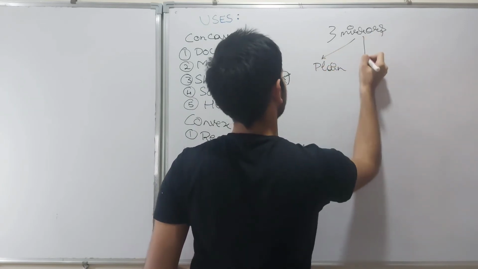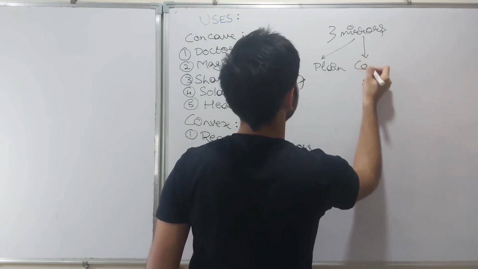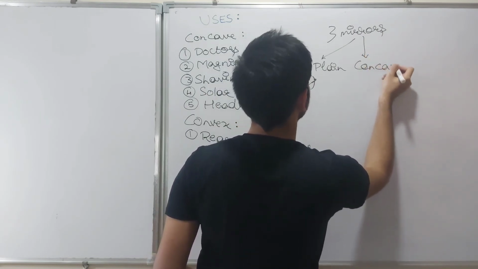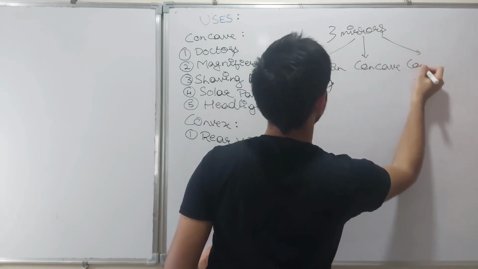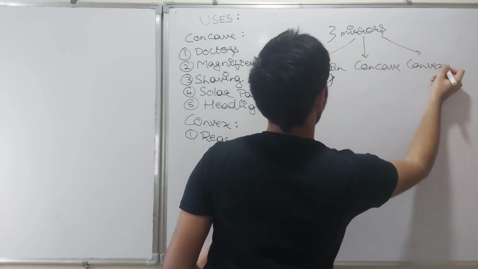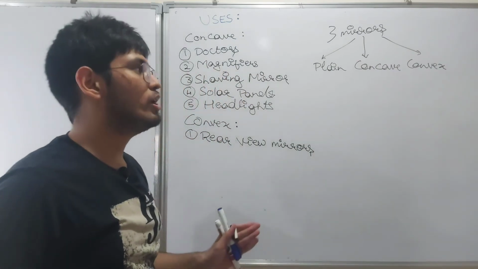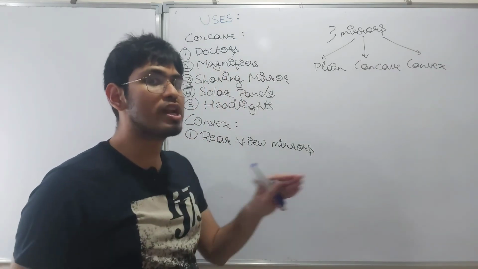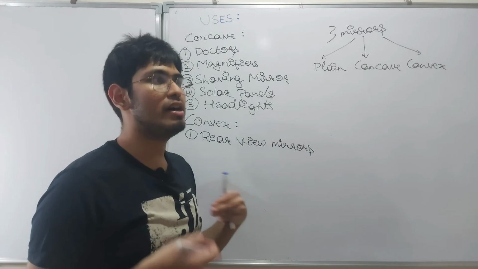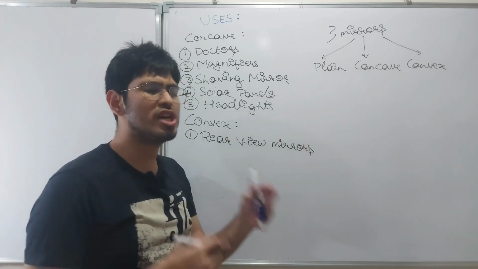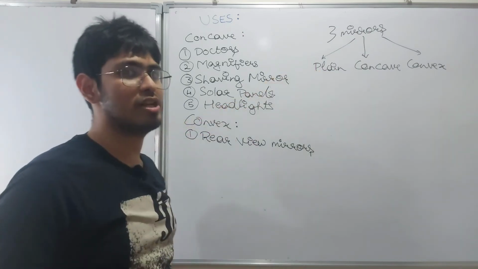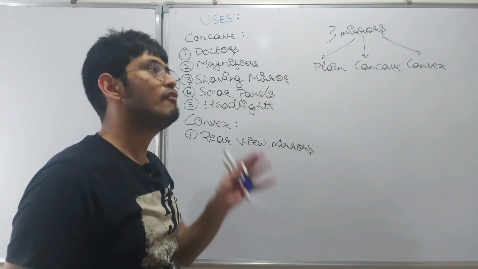The second mirror that you are given is a concave mirror, and the third mirror is a convex mirror. How are you going to check, without touching, whether the given mirror is a concave mirror, plane mirror, or a convex mirror? Can you judge them? Yes, we can judge them.